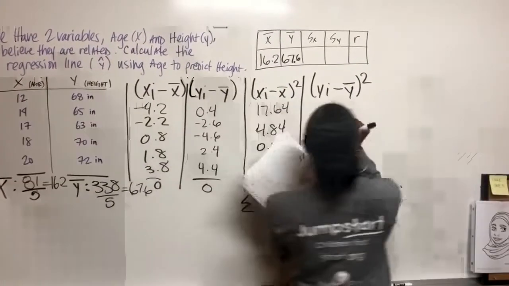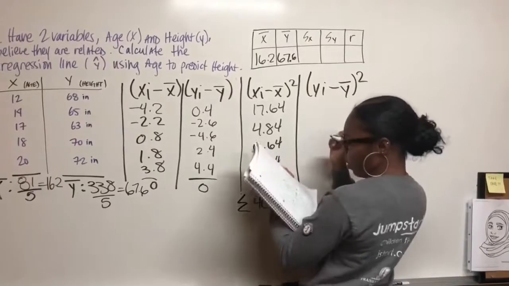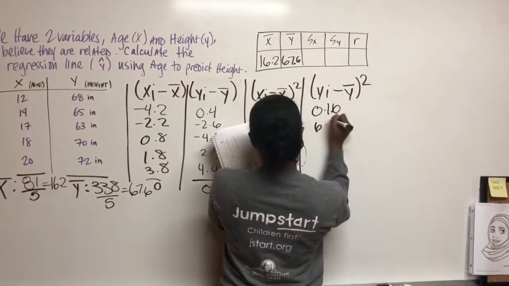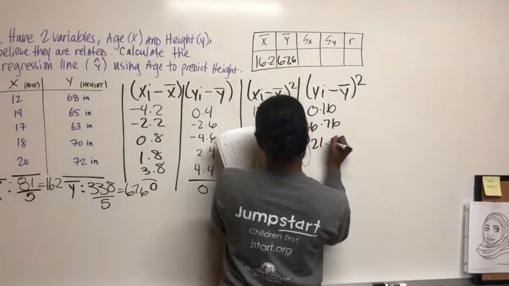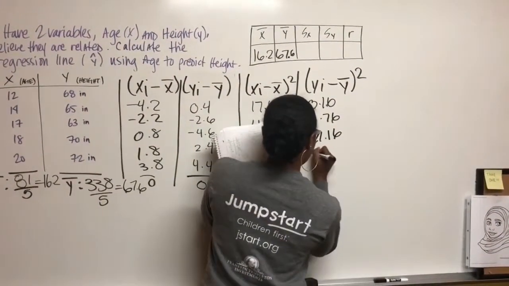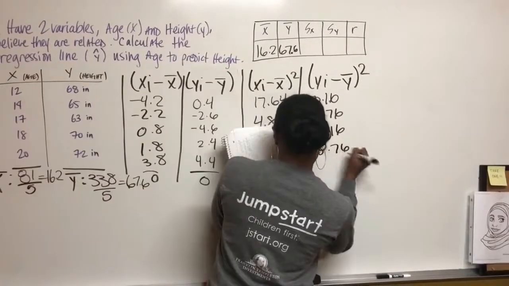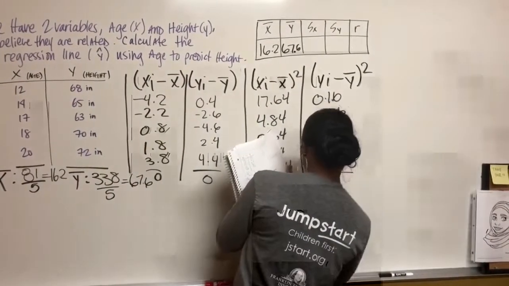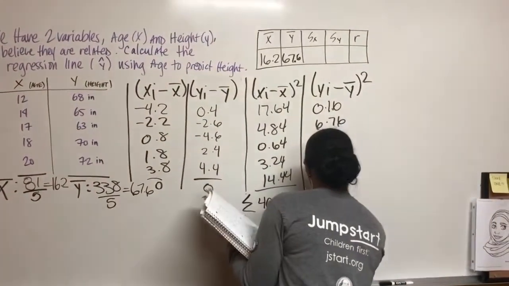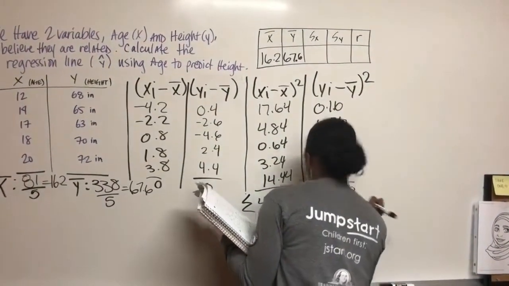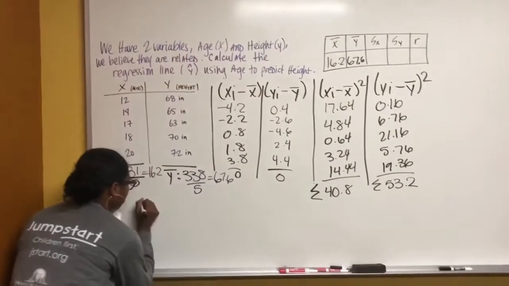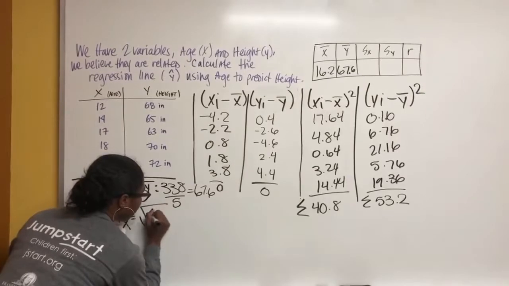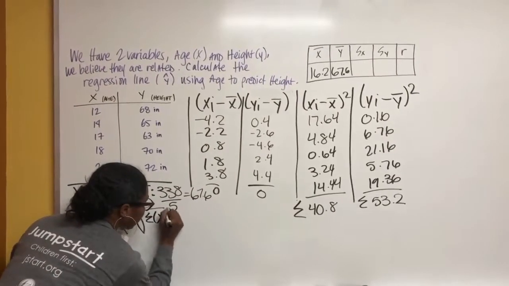And for yi minus y bar, it's going to be 0.16, 6.76, 21.16, 5.76, and 19.36. And our sum for this column would be 53.2.